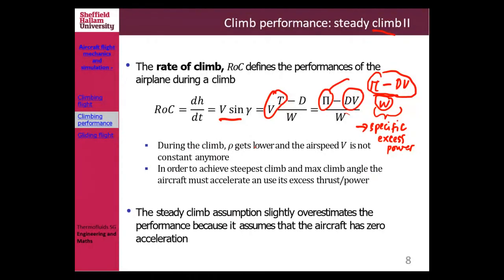Now you can actually notice from these equations that during the climb, obviously, rho gets lower, and the airspeed is not constant anymore. That's a true fact from the atmospheric layer. In order to achieve a steepest climb and maximum climb angle, the aircraft must accelerate and use its excess power.